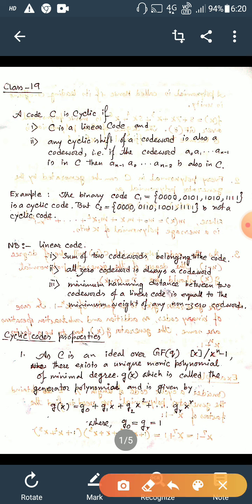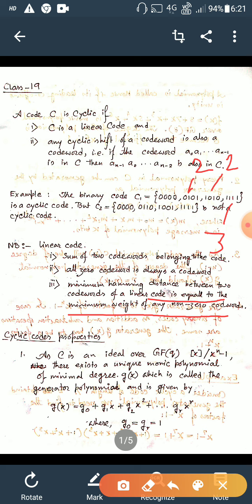The third condition is that the minimum Hamming distance between two code words of a linear code is equal to the minimum weight of any non-zero code word. For the non-zero code words here, the weight is 2, here also it is 2, and for this one it is 4. So the minimum is 2, and between any two code words the Hamming distance is also 2.